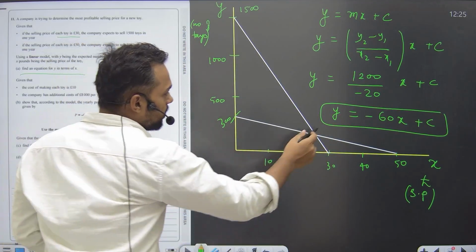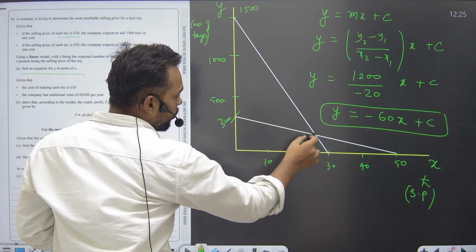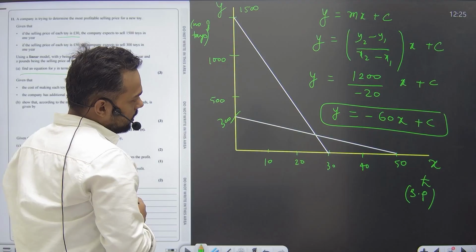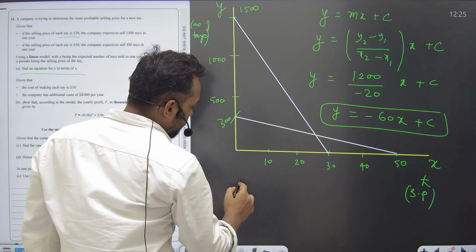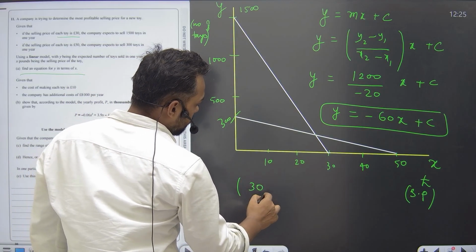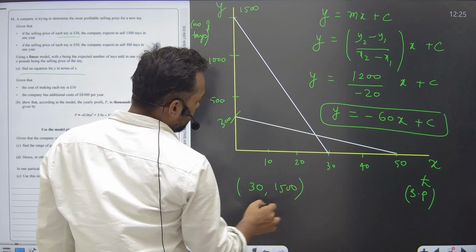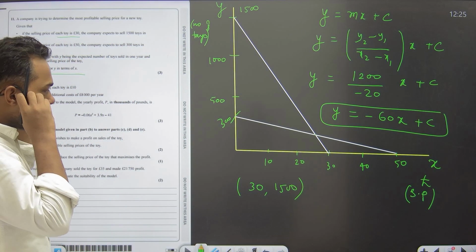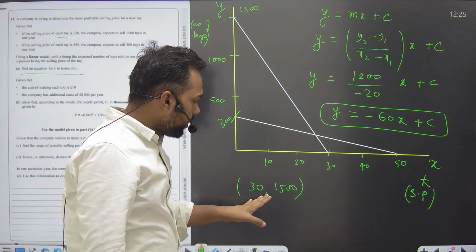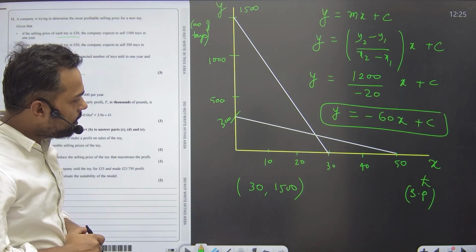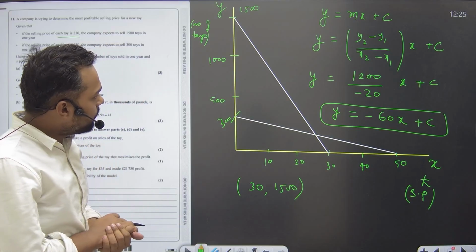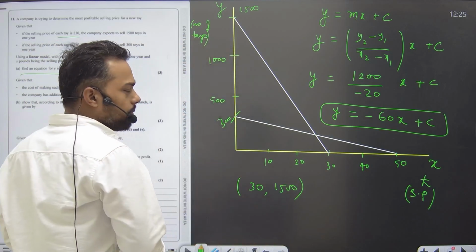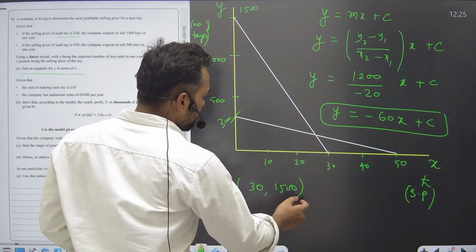So this particular line, students, is passing through the point 30 comma 1500. It is visible to everyone that it will pass through the point 30 comma 1500, or even you can go for 50 comma 300 as well. The answer will be the same in both cases.